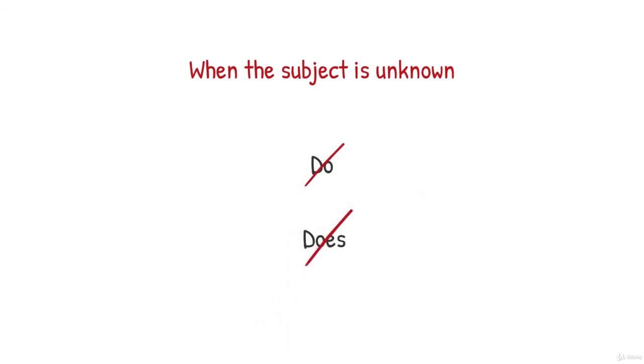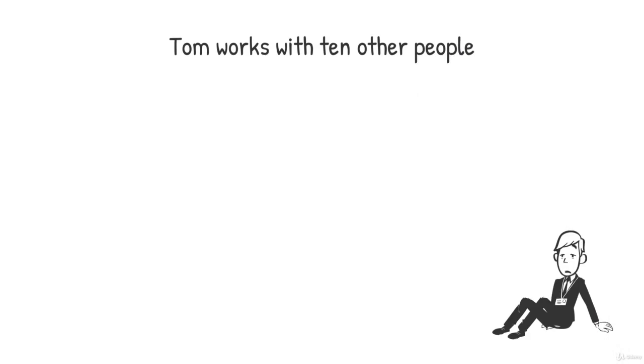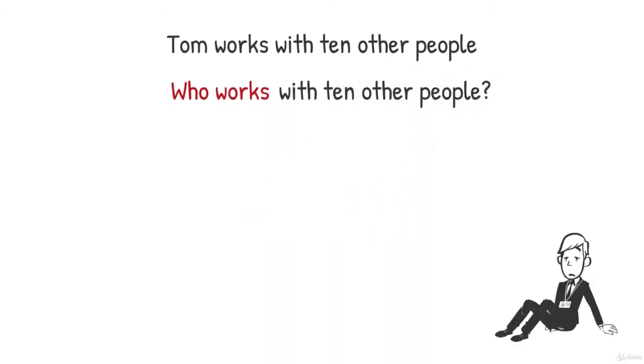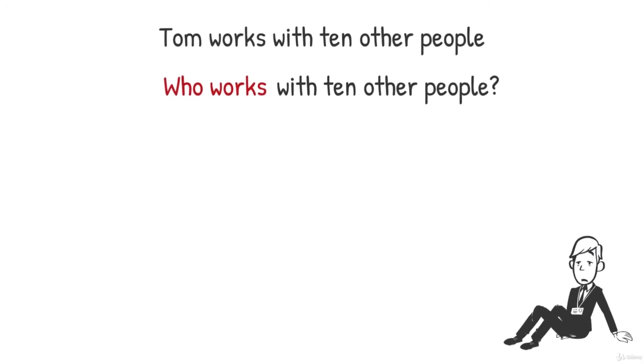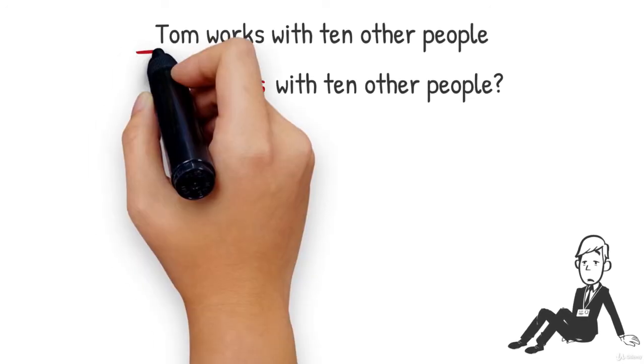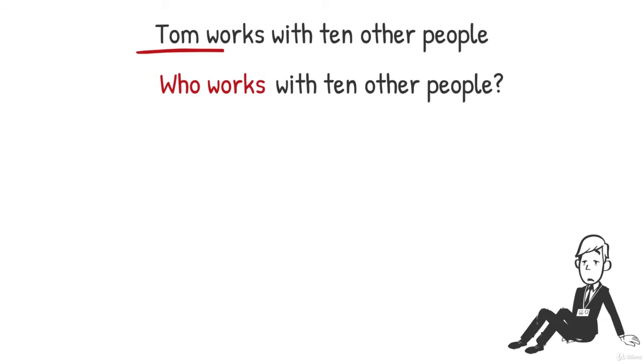For example, Tom works with 10 other people. Let's make a question with an unknown subject. Who works with 10 other people? You see, in the positive sentence, the subject is Tom.